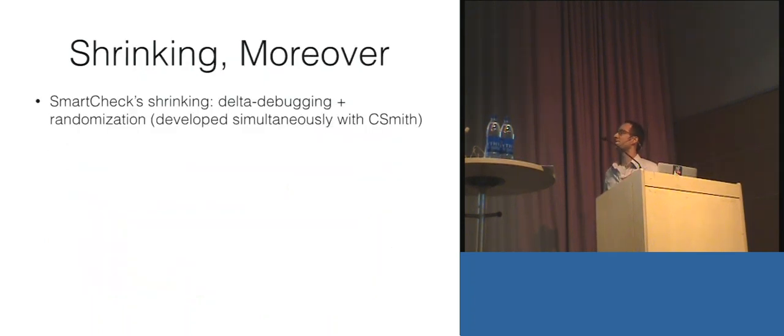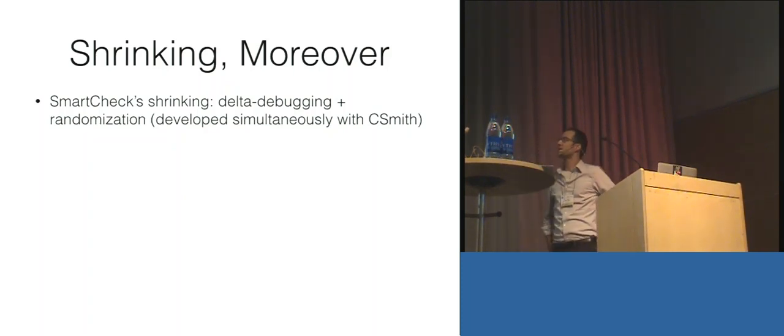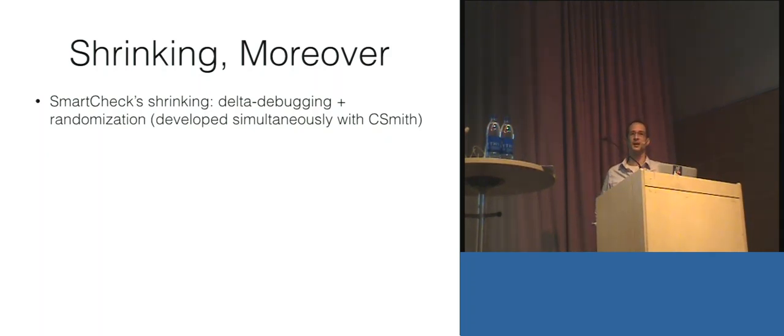Okay, a couple of points I want to make just before talking about generalization. What we've implemented here is related to a suite of approaches in the testing community called delta debugging, and this is really just hierarchical delta debugging with randomization. This isn't really a deep idea, but apparently folks had not done this until recently.